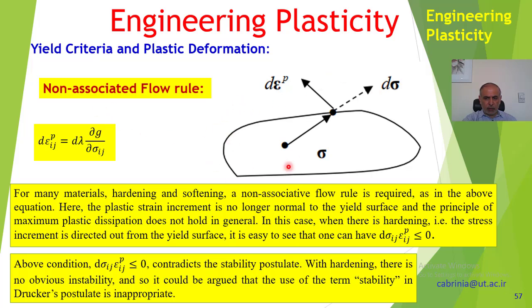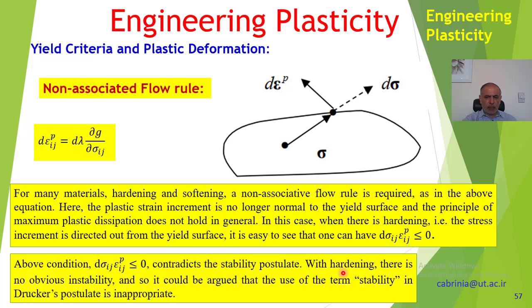For non-associated flow rule, this could be true. Above condition, this one, d sigma ij epsilon ijp is less than 0, contradicts the stability postulate. Obviously, the Drucker stability postulate says that this must be greater than 0.